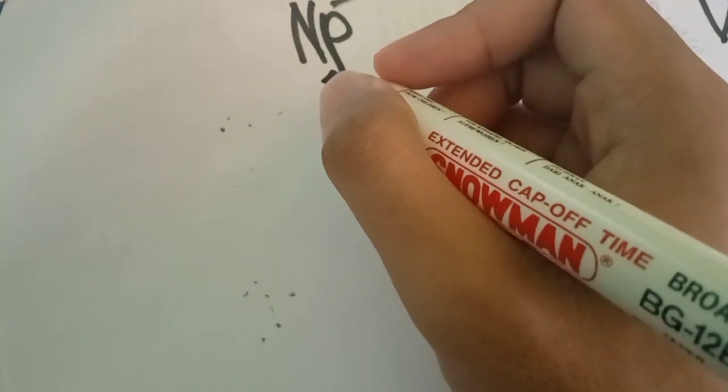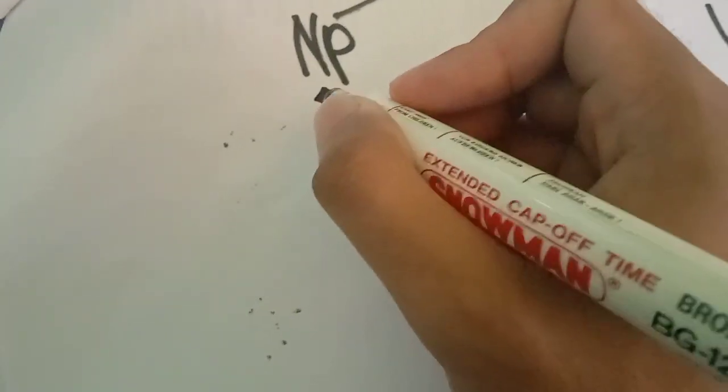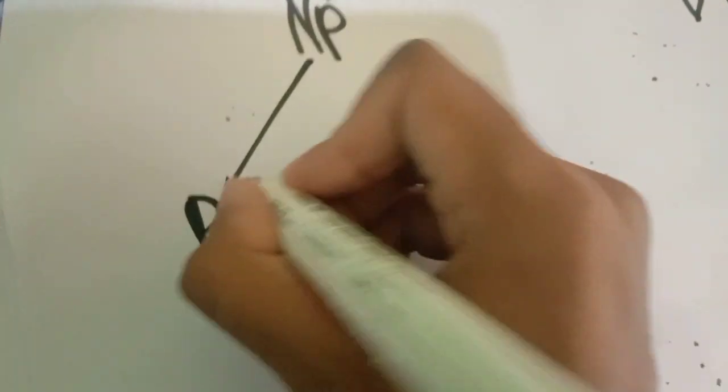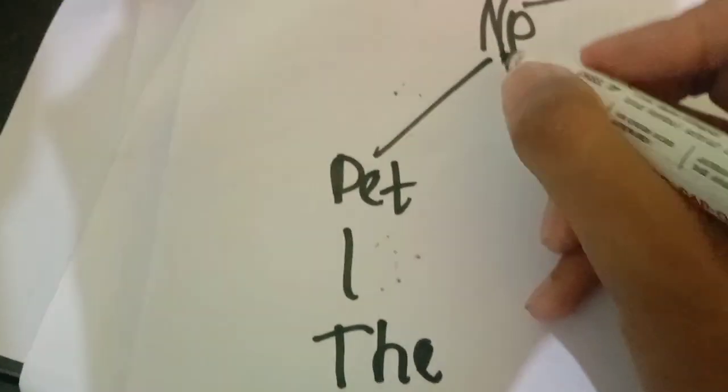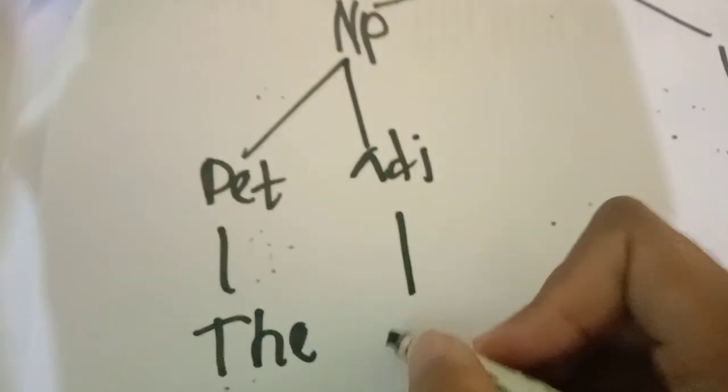The very first word we have is the, which is an article, also known as a determiner. In this case, we classify it as a determiner, and then write the word the. The next word is big, which is obviously an adjective, right?